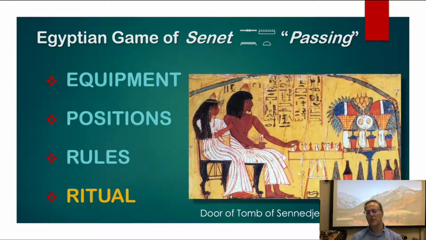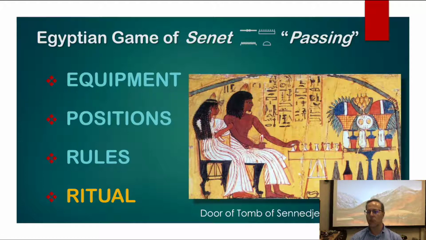Now, we also see the game depicted in tombs. So this is the inside door of Senejem's tomb at Thebes, and there is an image of Senejem himself as well as his wife, and he is playing senet. But where is the opponent? He's not playing against his wife, he's playing against an unseen opponent. Well, I would argue that the opponent is actually on the other side of the tomb.